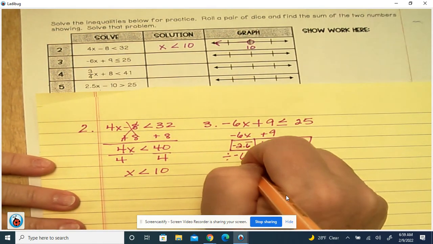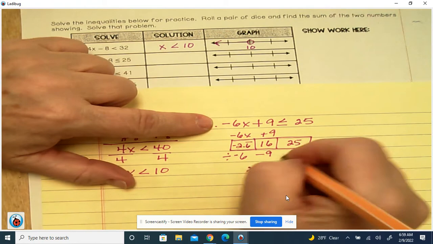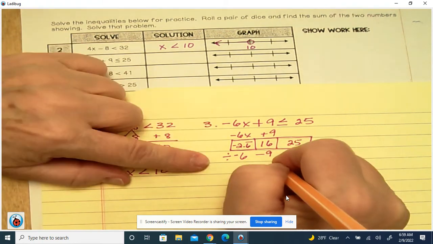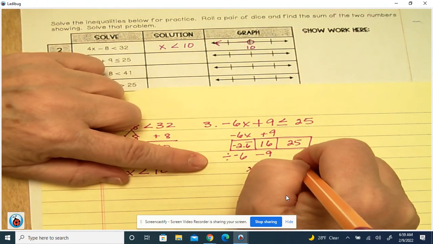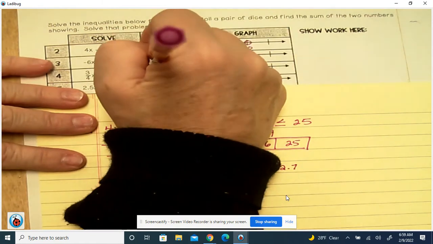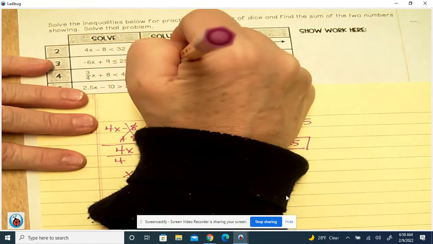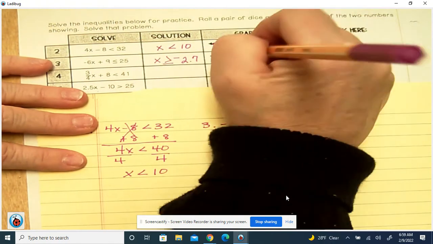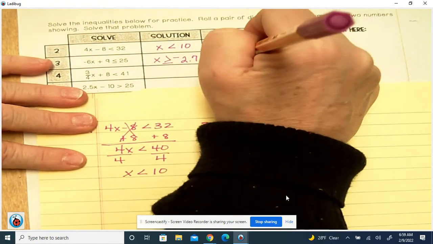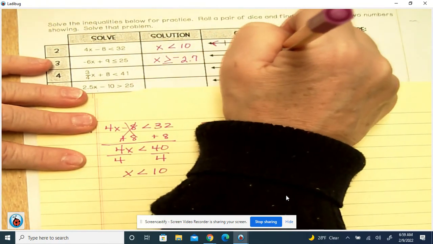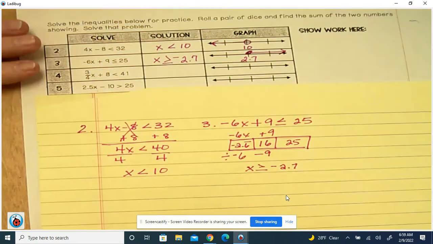So that's going to give us x, and it's a negative, so we're going to switch the sign. X is greater than or equal to a negative 2.7. So 2.7, closed circle, shaded to the right.